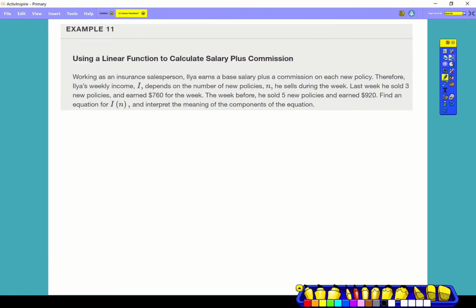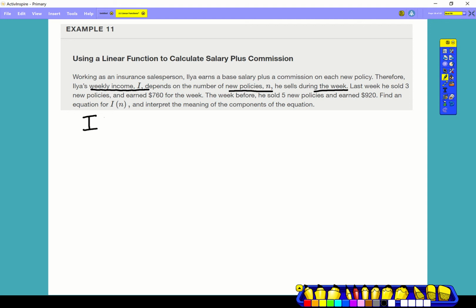Using the linear function to calculate salary plus commission. So working as an insurance salesperson, your income is going to depend on the number of new policies. So your weekly income is I, and your new policies are N, that you sell during the week.